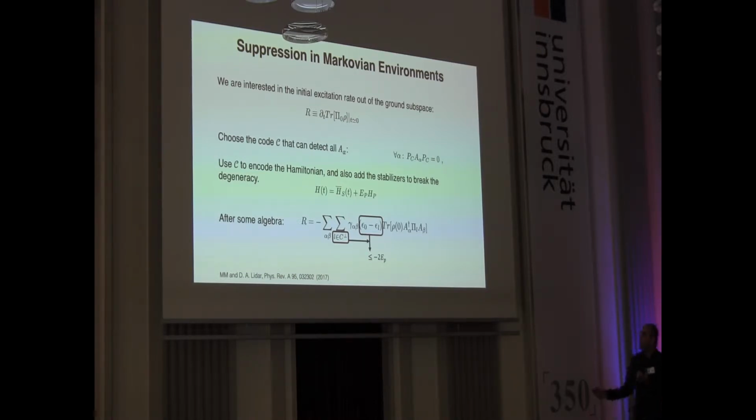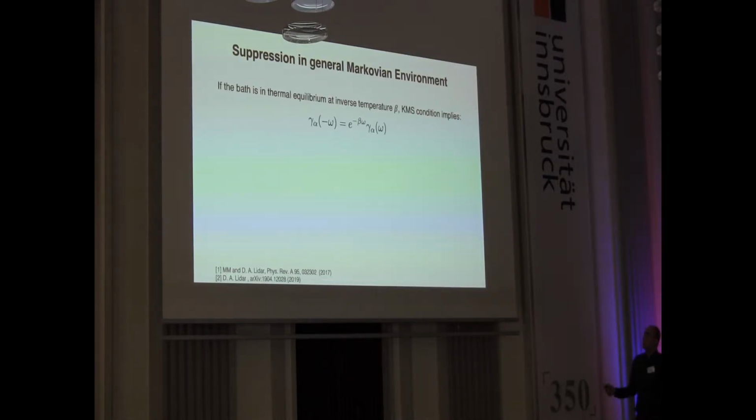And by construction, because of this penalty Hamiltonian that I described, we know that this energy is bounded by something proportional to EP, which we are enforcing. To talk more about details, let's say I'm in some thermal environment, and let's say the KMS condition holds, and then there's this exponential relation between decay and excitation at the same energy.